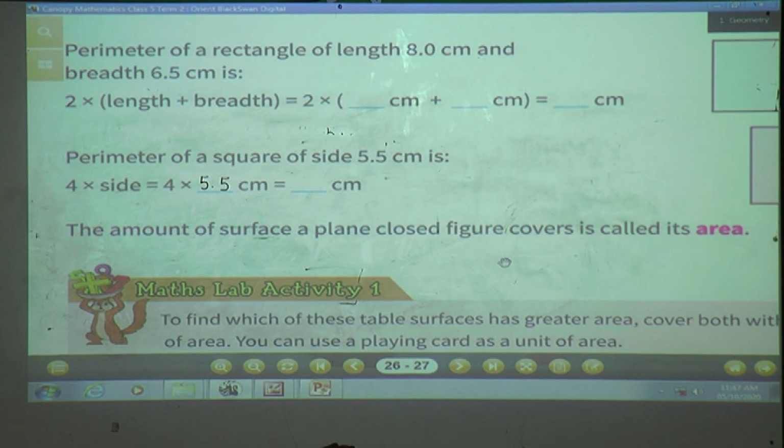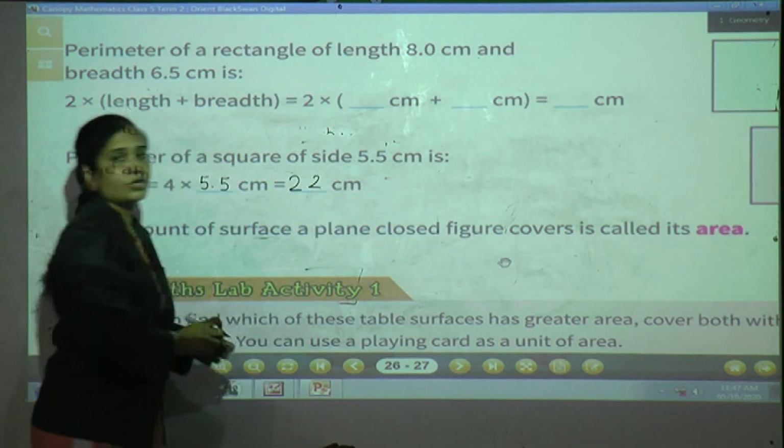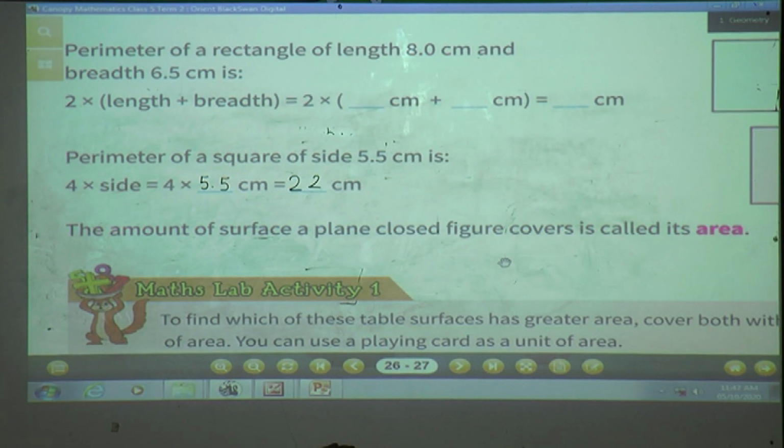Multiply 4 into 5.5. You will get the answer 22 centimeter. Students, I have now explained what a perimeter is and the formulas for the perimeter of a triangle, rectangle and square.